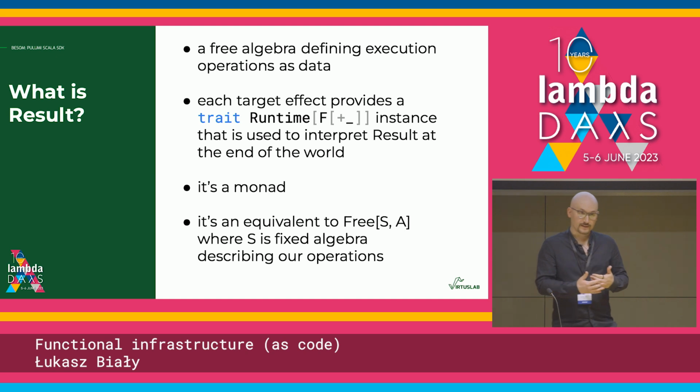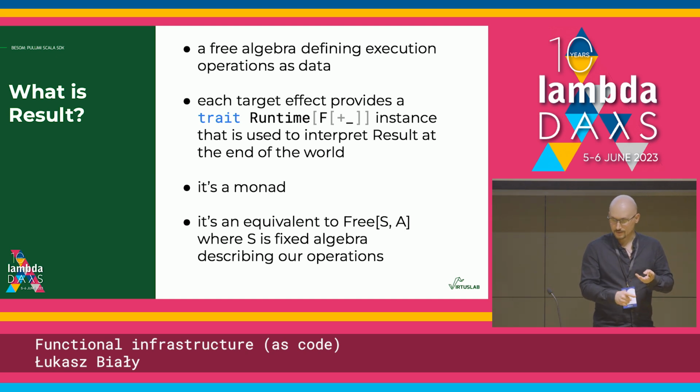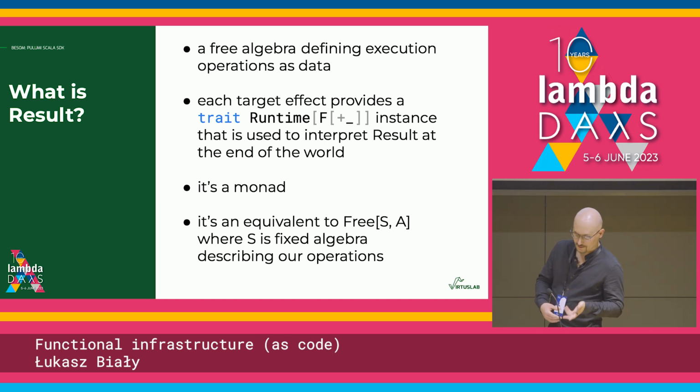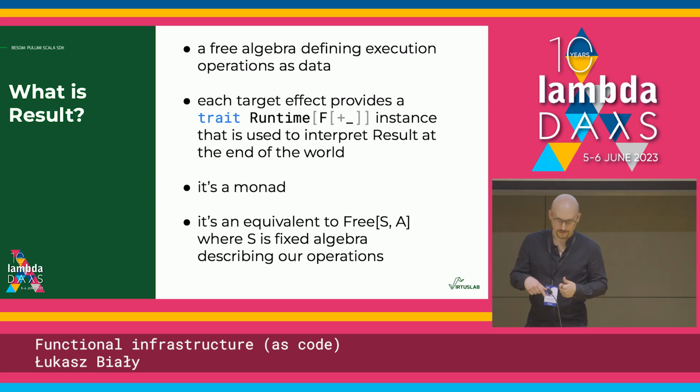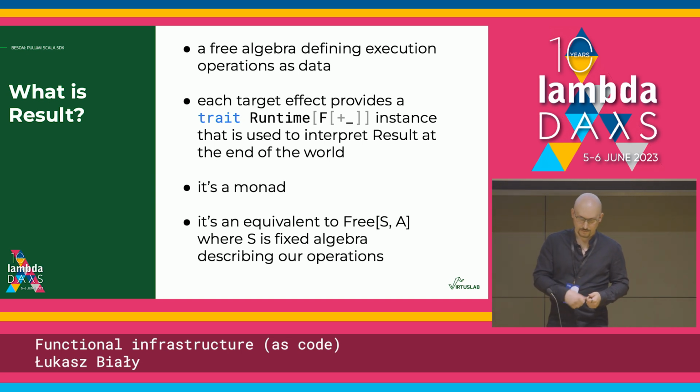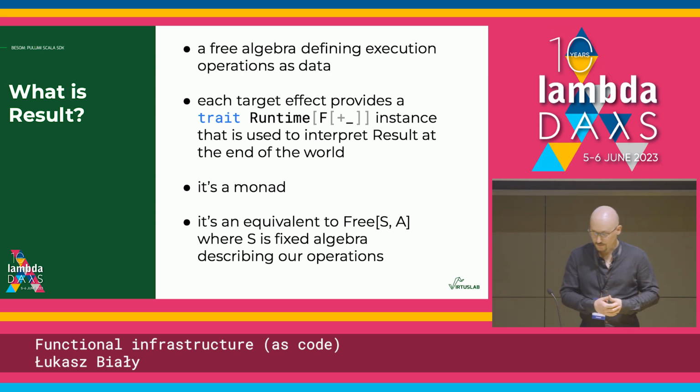All the target effects, so CATS effect, Future, and Zio, have to implement an instance of a type class called Runtime that interprets results at the end of the world. So only when the whole program is composed, we actually trigger run on Runtime. It's obviously a monad, and it's a lawful one.